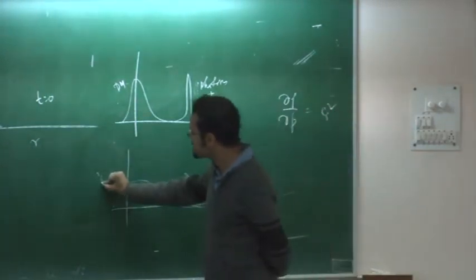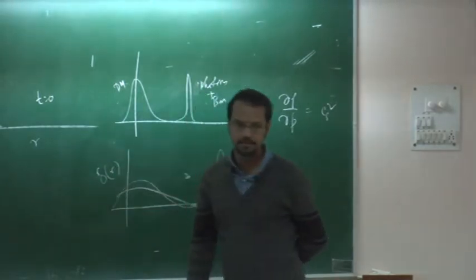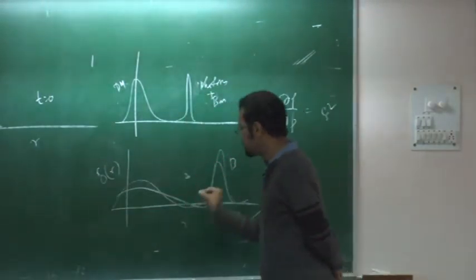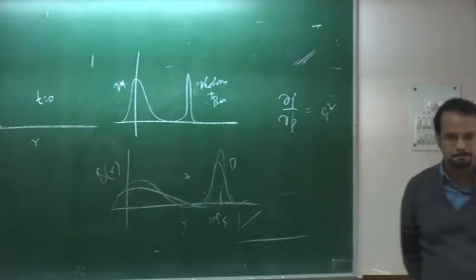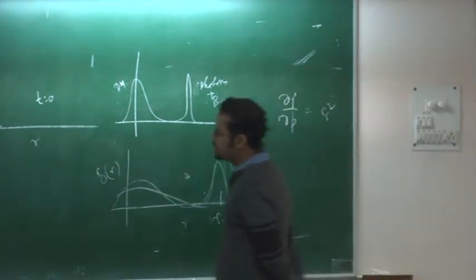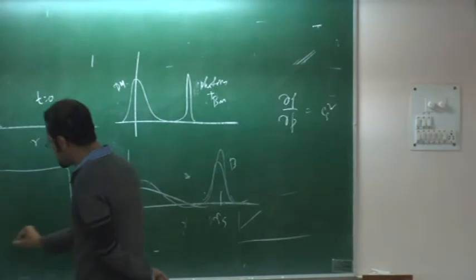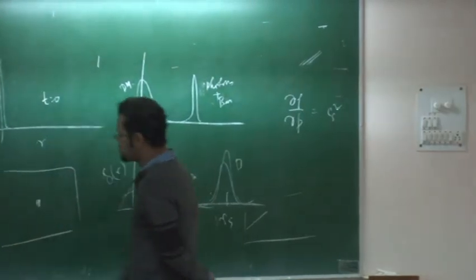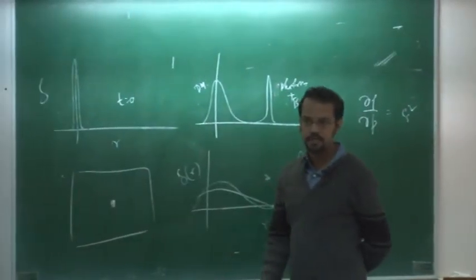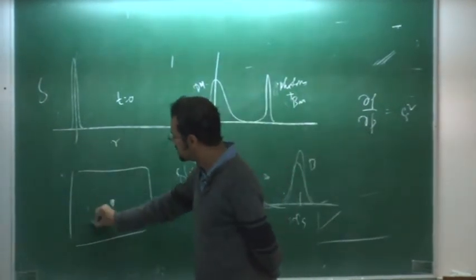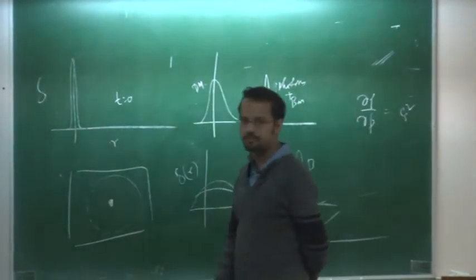Now this is delta of R as a function of R that we are plotting. This is the scenario. So if I look at it in a 2D picture, there is this little peak here, and there is a ring.